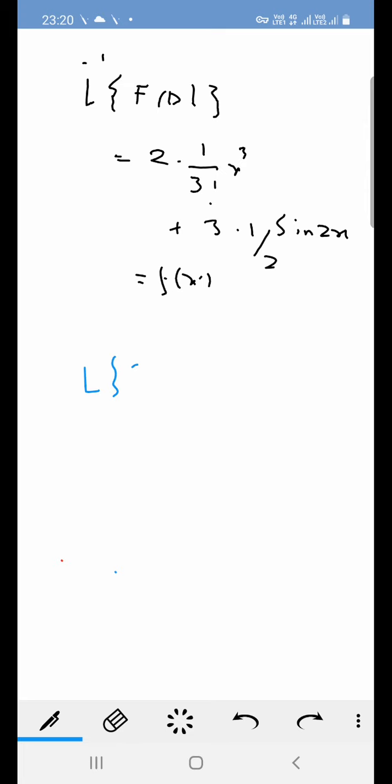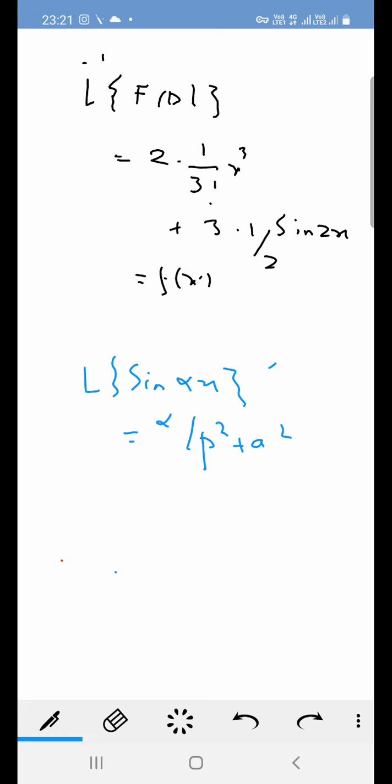Laplace transform of sine alpha x is equal to alpha by p square plus a square.